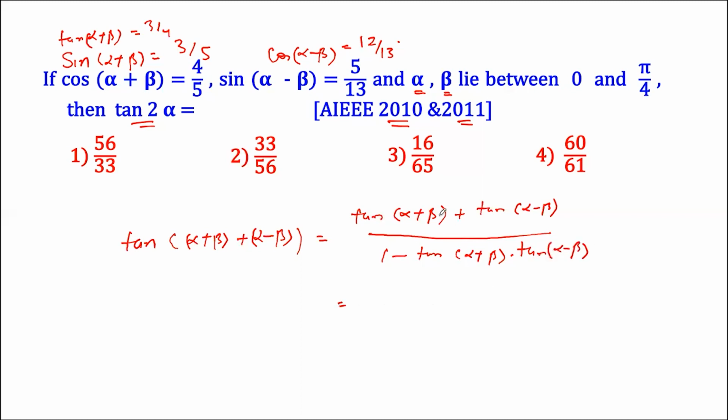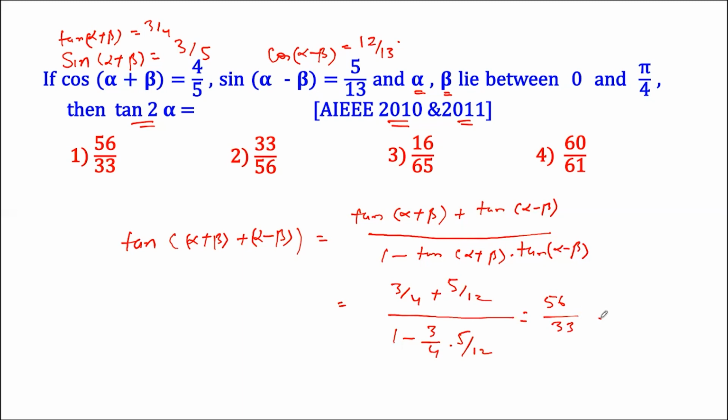Tan alpha plus beta we can see is 3 by 4 plus tan alpha minus beta 5 by 12, whole thing divided by 1 minus 3 by 4 into 5 by 12. A little bit of calculation, and this will be 56 upon 33. Hope everyone is getting this.